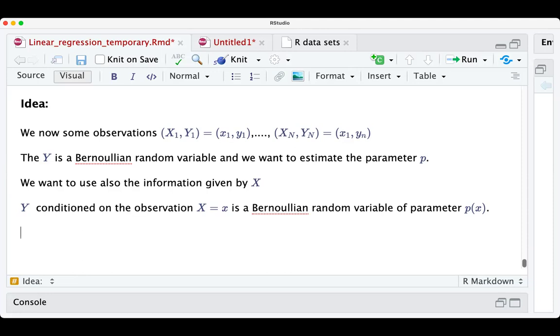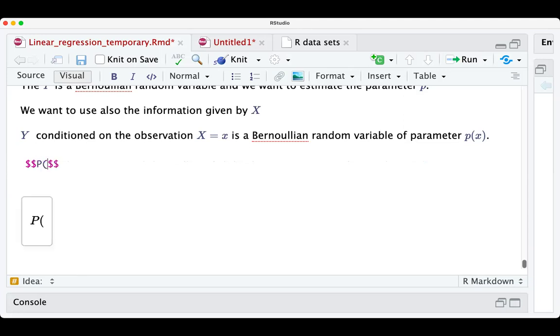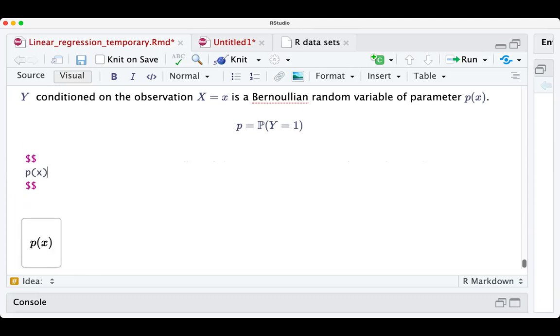So we can compute the probability, for instance, this p would be equal to the probability that y is equal to 1. But this p of x, we can compute also, which is the probability that y is equal to 1, given that x is equal to x.